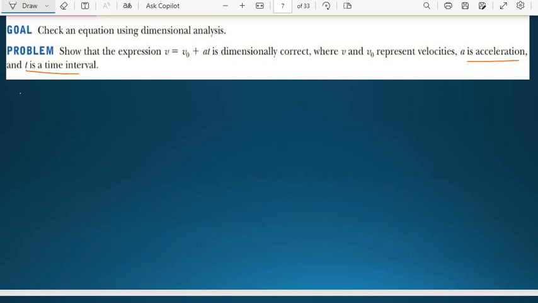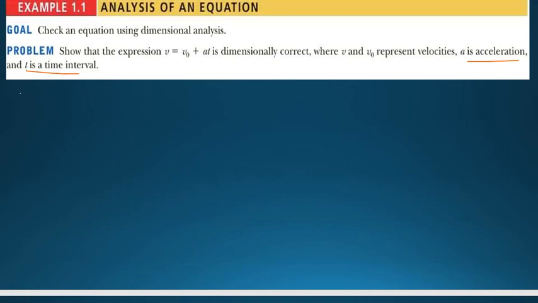So here is how we go about it. As usual, we are going to find the dimensions to our left hand side, also to our right hand side, then we compare. So to our right hand side, we only have v, and the dimensions of v is L t to the power negative 1, which is velocity.